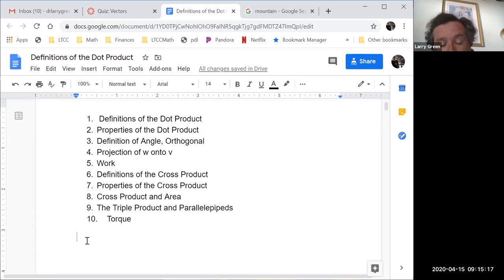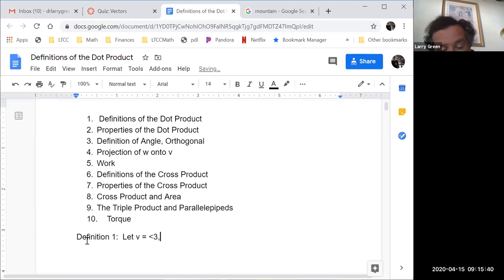So let me give you a definition of the dot product. I'm going to just call it definition 1. Okay, let V equal, and it doesn't matter whether you go 2 or 3 dimensions. Maybe I'll do 3 so you can get used to it.